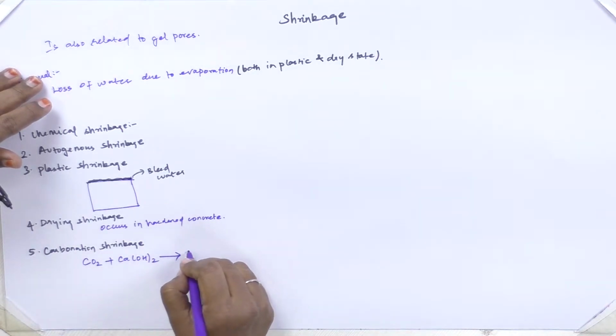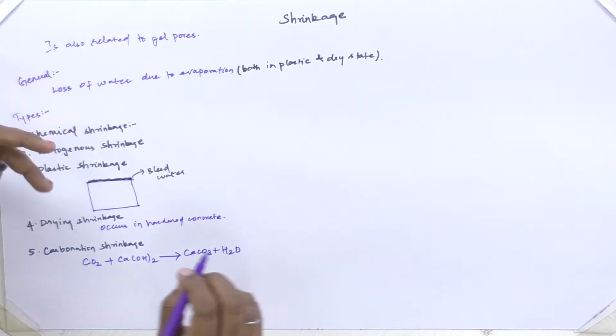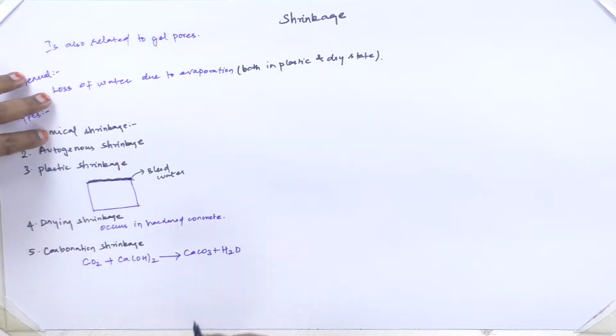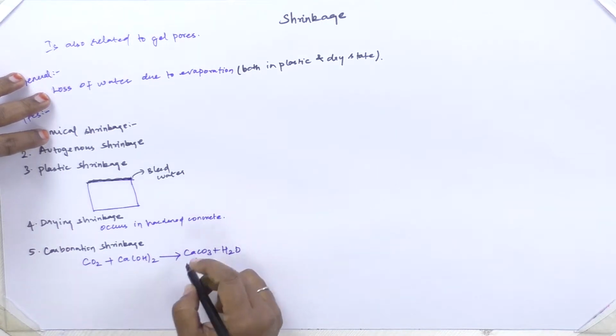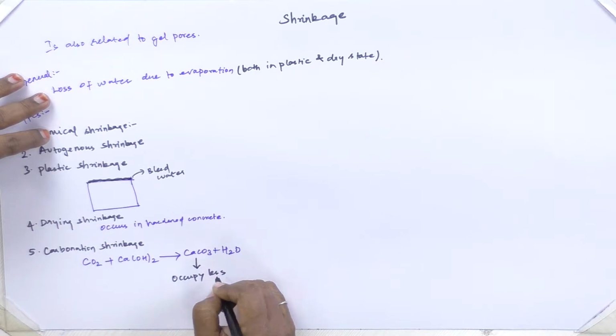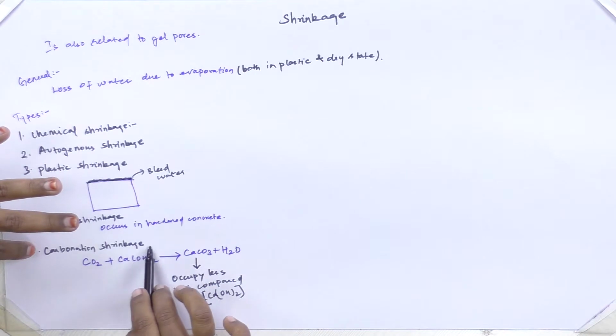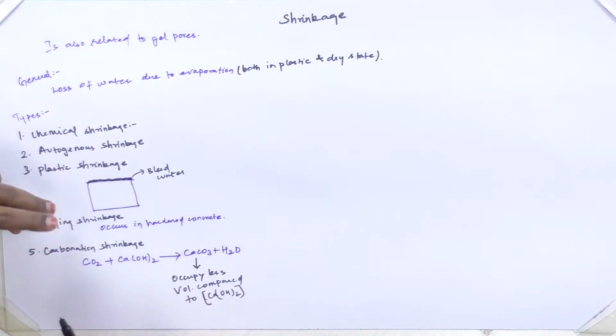It tends to form calcium carbonate plus water, and this calcium carbonate will occupy less volume compared to calcium hydroxide, and because of this difference in volume, this carbonation shrinkage occurs.